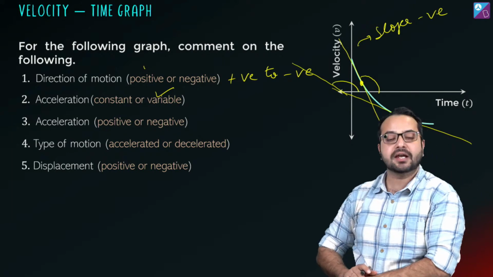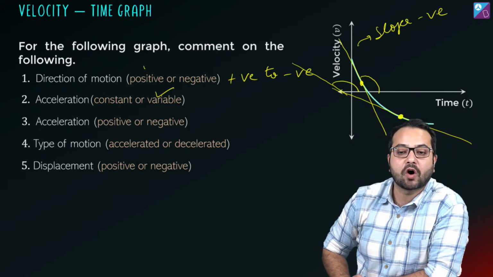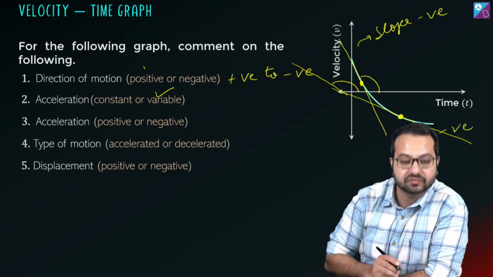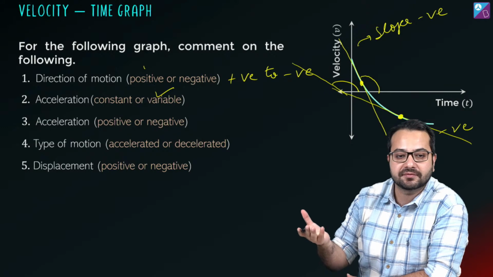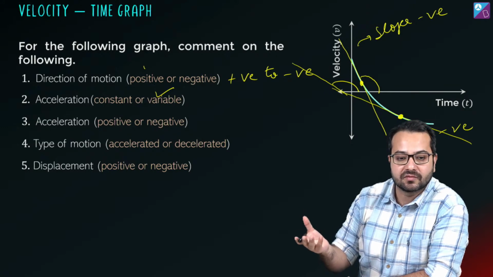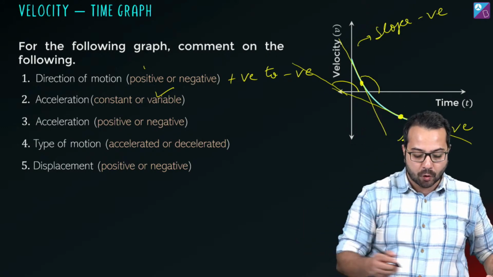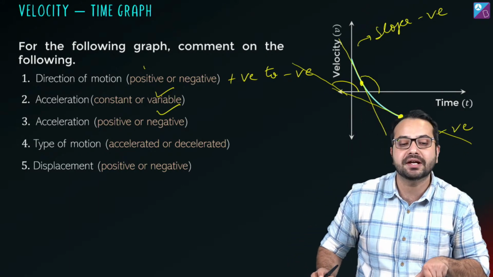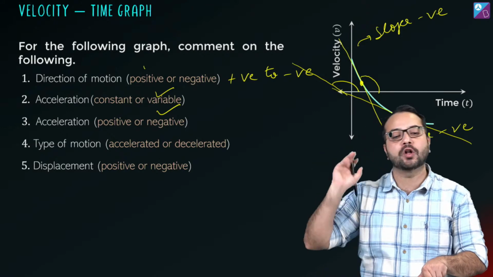It is again making what angle? Obtuse angle. So the slope is still negative. आ रही बात समझ में? Clear? ठीक है. So the slope is always negative. That is why we are saying that acceleration is going to be negative. Okay? The slope is always negative.